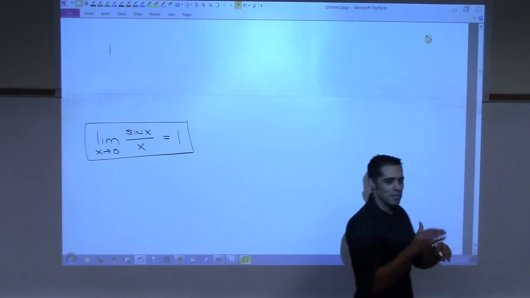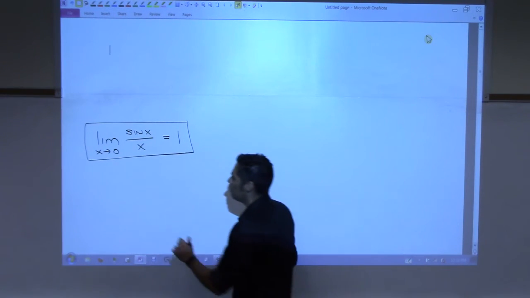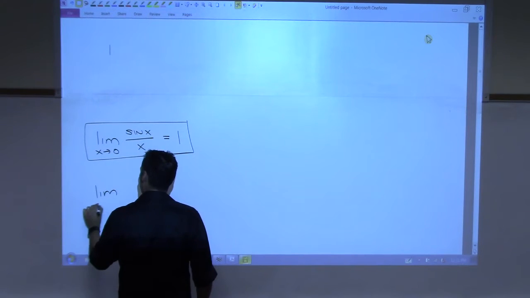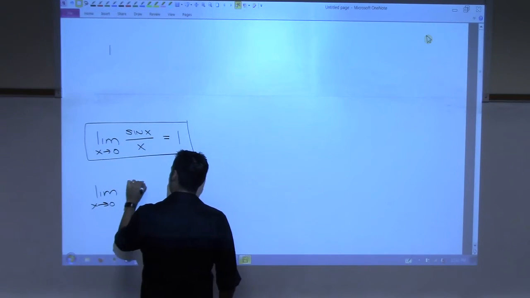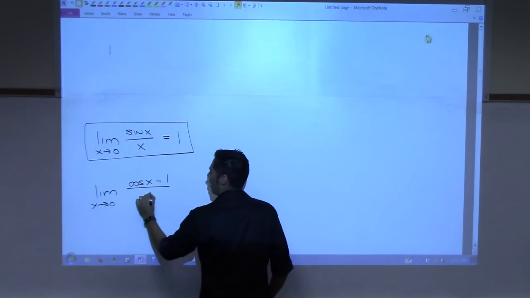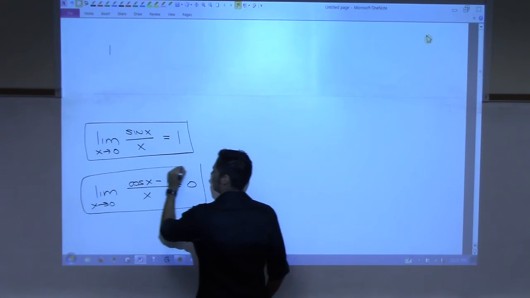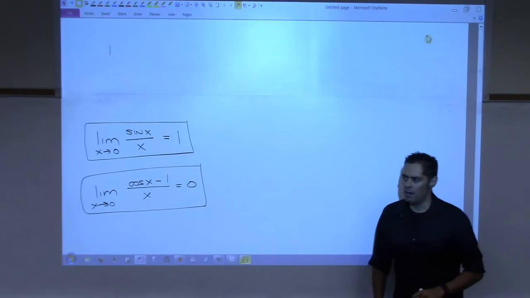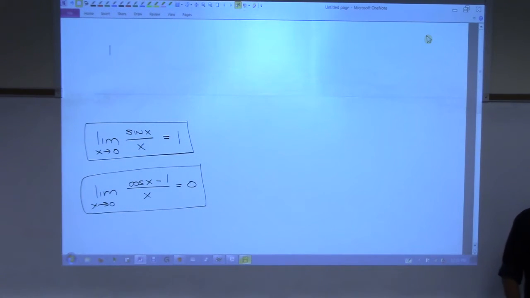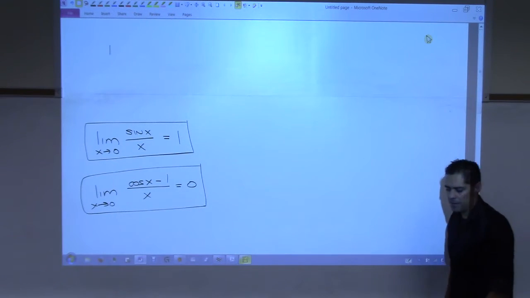So please remember these 2 important limits. There's actually 2 of them, but this one we used a lot. The other one was this one: cosine x minus 1 over x, and that equals 0. I never proved to you why these 2 were true. I just told you that they were, right? I said just take it on faith.